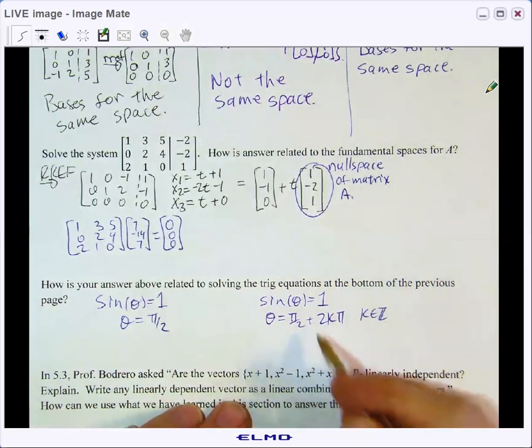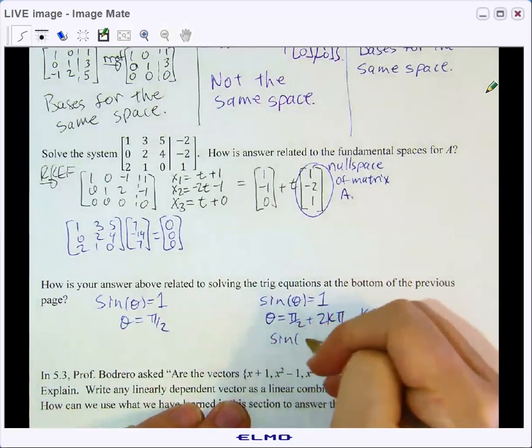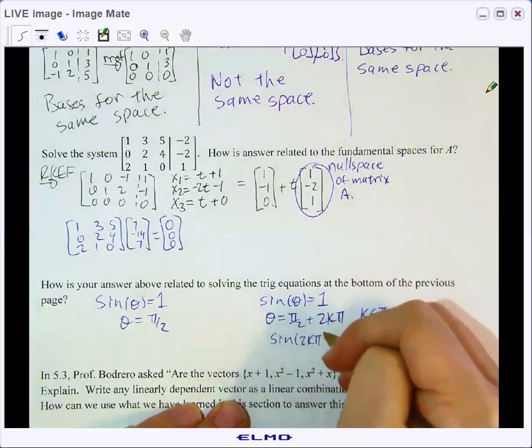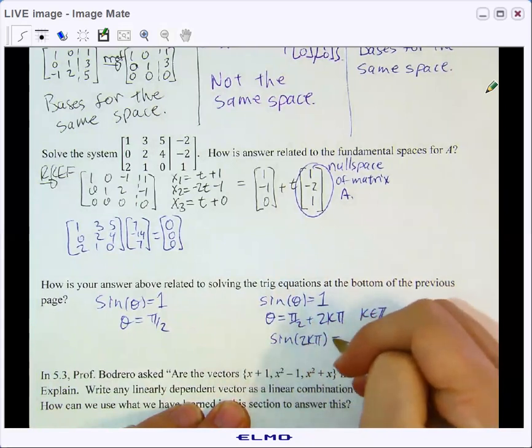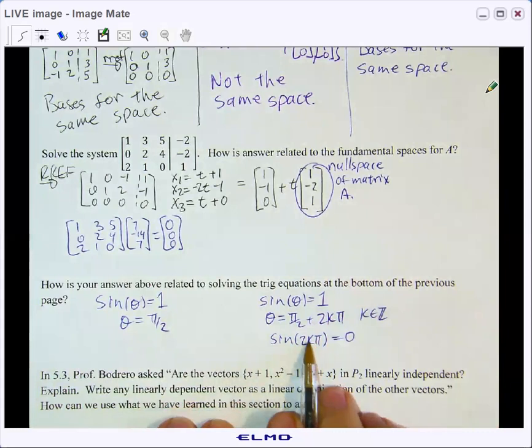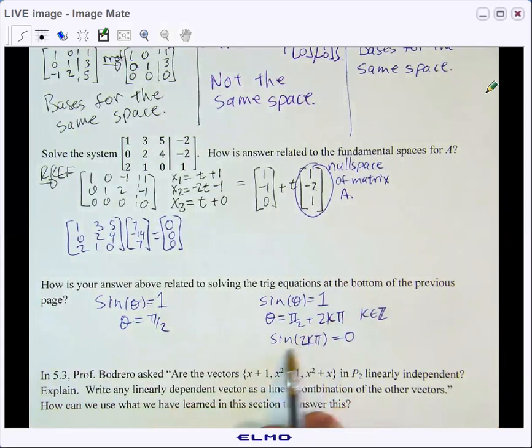The reason why was because sine of 2k pi, where k is an integer, is equal to 0. So this acts like the null space of the sine function, because it gets sent to 0. I can add any multiple of this and it won't change the output.